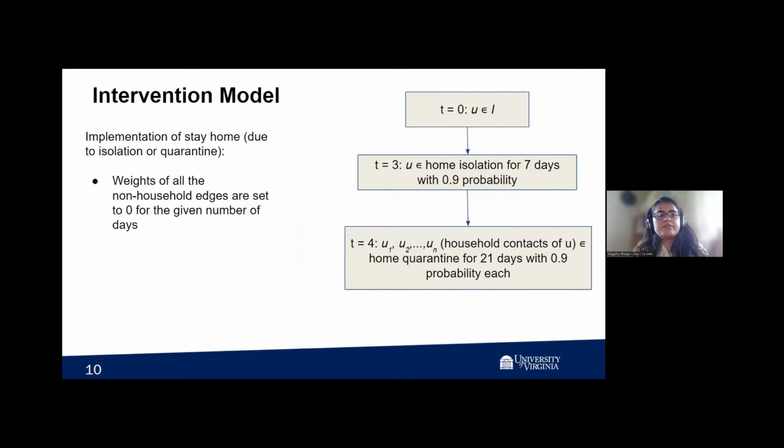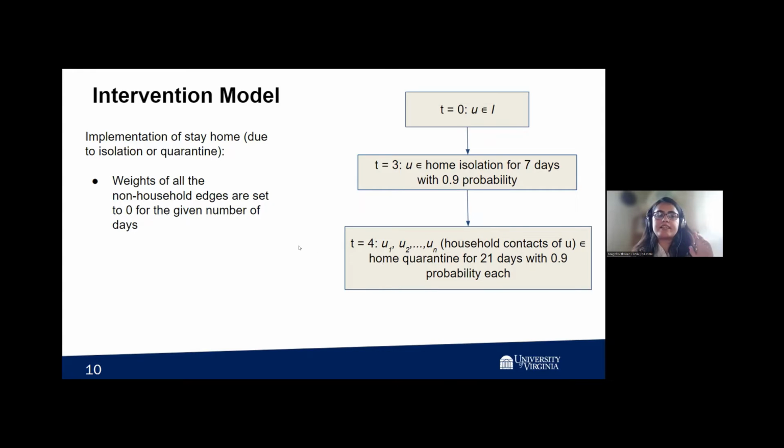Then again, looking into details of the intervention model, like I said, whenever a node enters the infected state, then with some delay, there is a compliance rate with which they will either isolate or not. And then we look at the isolating individual's household contacts, and they have a similar compliance rate for each individual on whether they will stay home or not.